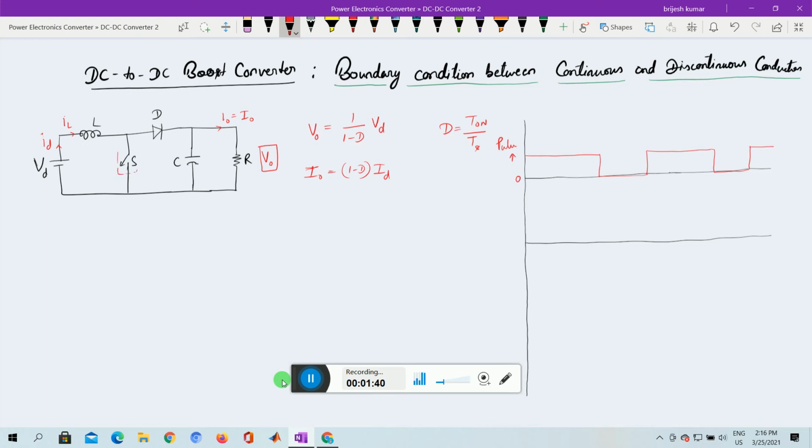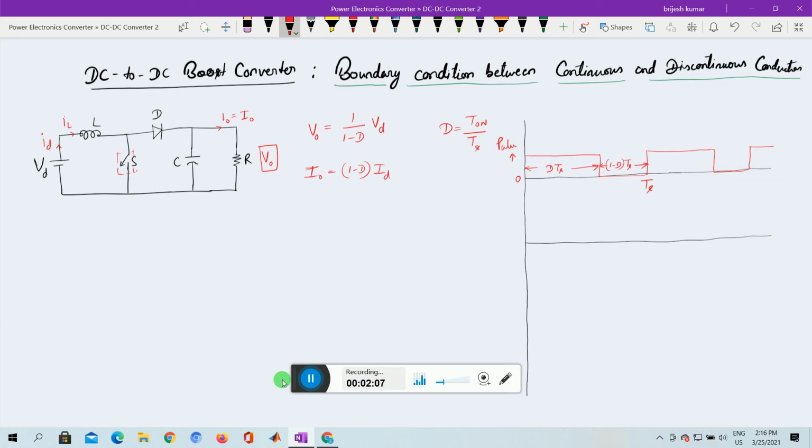The switch is on for time D times TS, and for the other time, 1 minus D times TS, the switch is off. So 0 to TS is the switching time, and the switching frequency is 1 by TS.